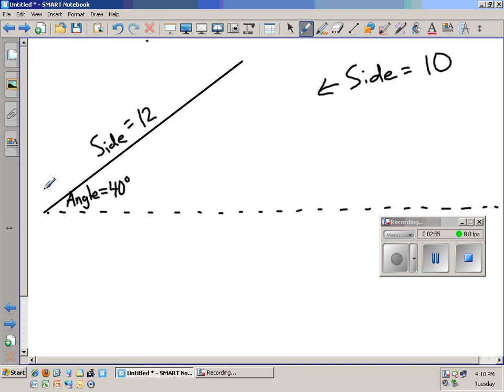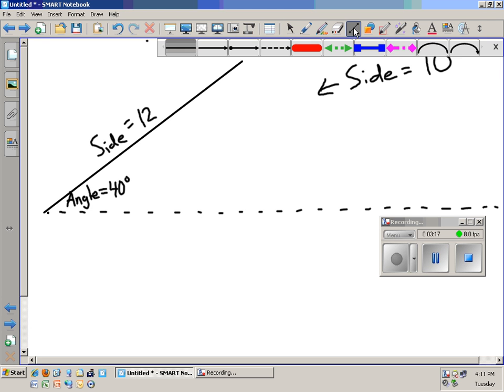As you notice on this page, I have an angle, I have a side, and then another side that I'm going to draw in. So angle, side, side. The dotted line on the bottom represents another side, which I'm not given, but we know that it makes some sort of angle. I don't know how long the side is.